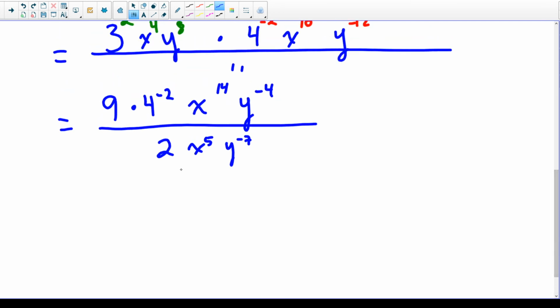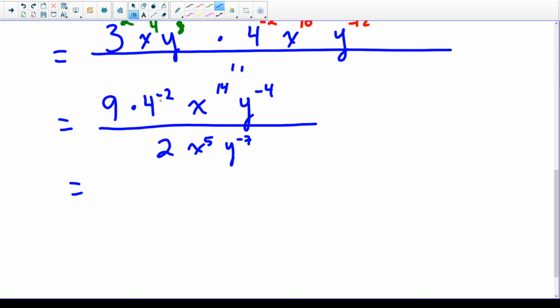And you'll notice that I try to keep all of my bases lined up together in similar columns. So all my x's are together, all my y's are together here. All my numbers are together. Okay. Well, let's deal with this 4 to the negative 2 now. Where is that 4 to the negative 2 going to go? It's a negative exponent. What did I just show you happens to negative exponents in numerators?